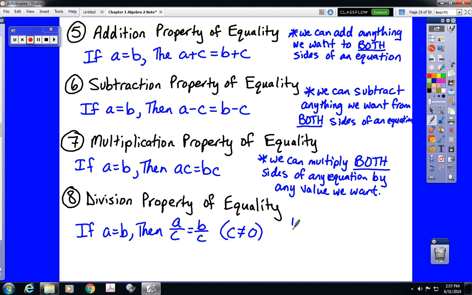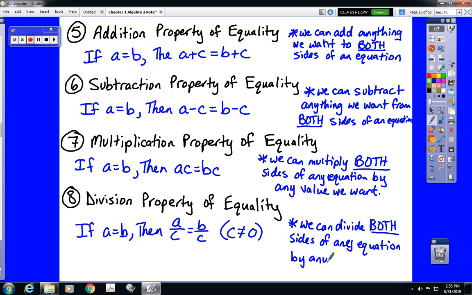So what we would say in words is we can divide both sides of any equation by any value but 0. Because we're not allowed to divide by 0.